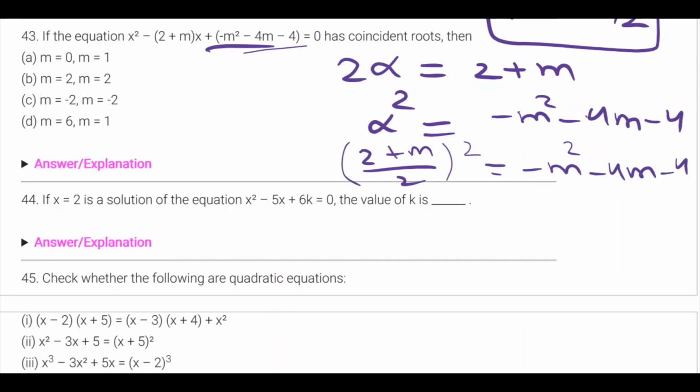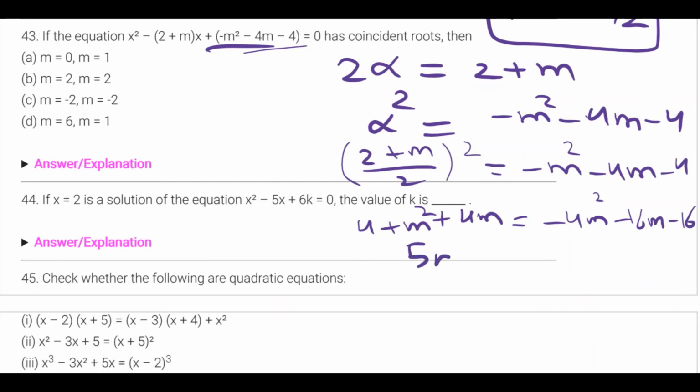On expanding this, 4 plus m square plus 4m equals minus 4m square minus 16m minus 16.